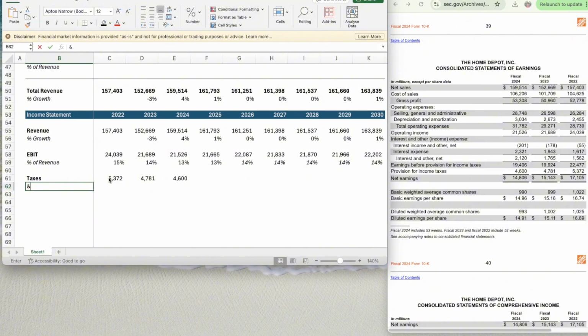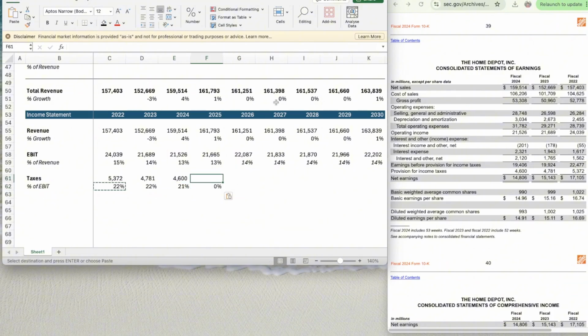To work out what the tax rate is, we want to see what that is as a percentage of the EBIT. So equals the tax paid divided by the EBIT. So that's a 22% tax rate, and we can do that up to there.